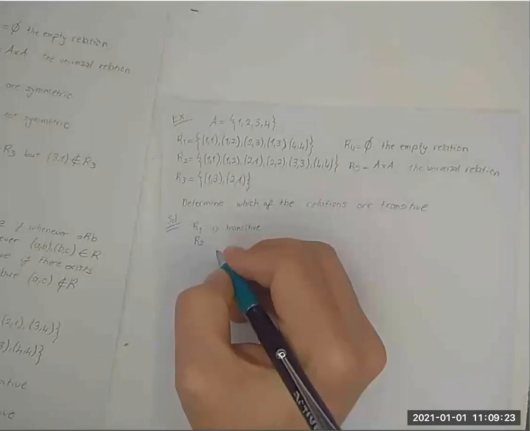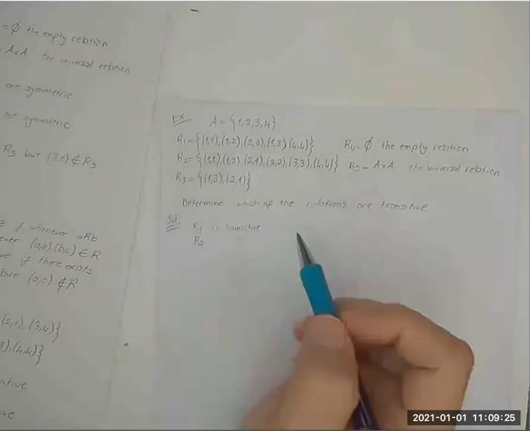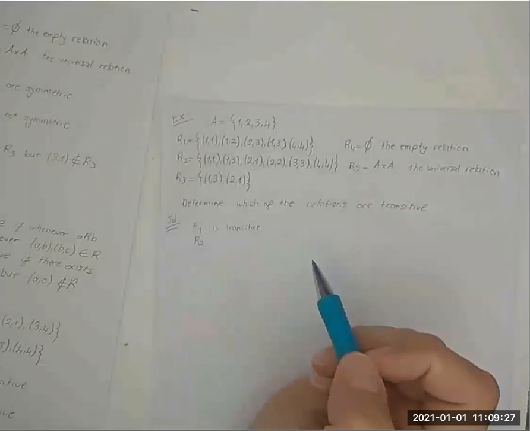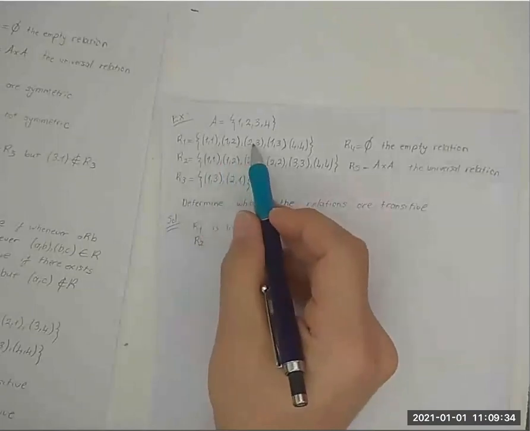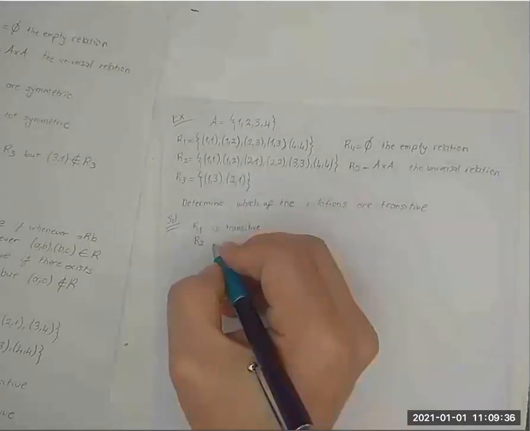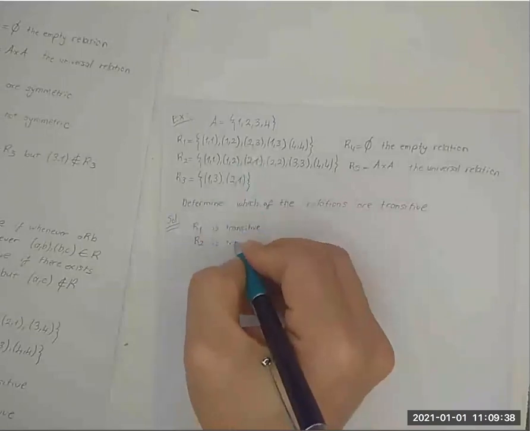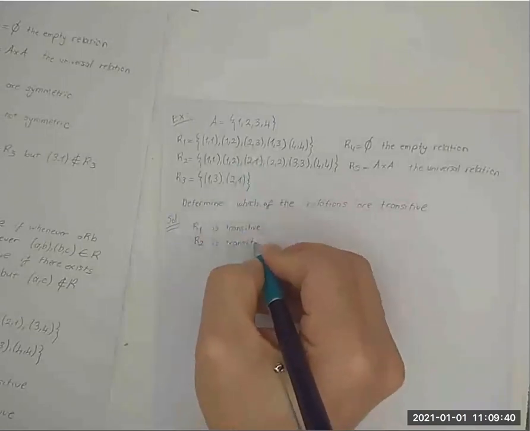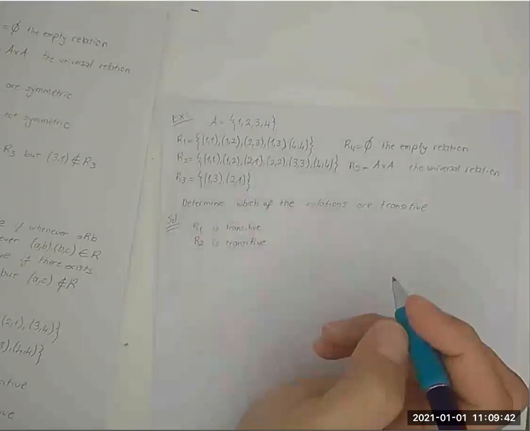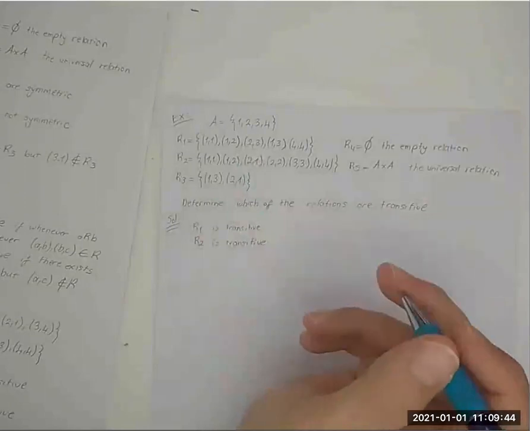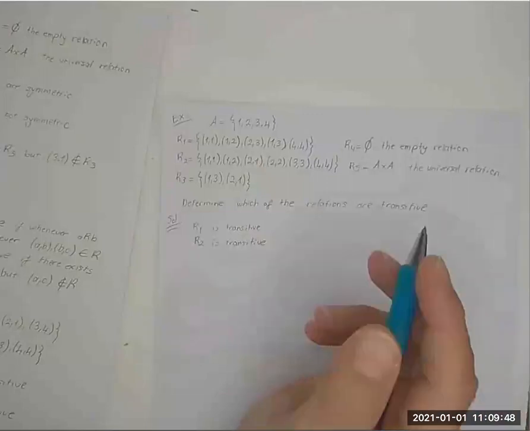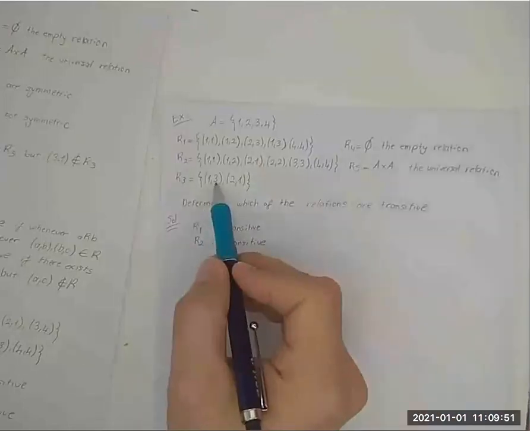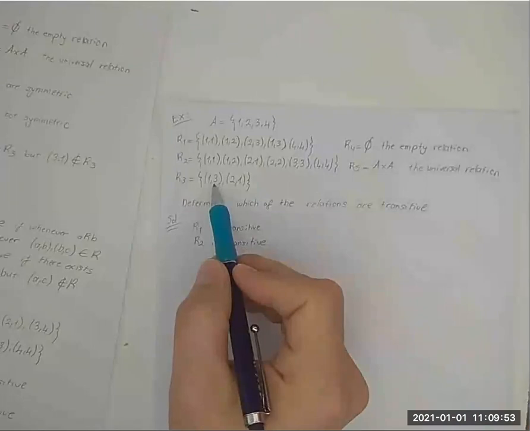And (2,2) itself again. (1,2), (2,2), and (1,2). It is working. And (3,3), (4,4). Did I say R1 is transitive? (1,1), (1,2), (2,3), (1,3), yes. So R2 is transitive.